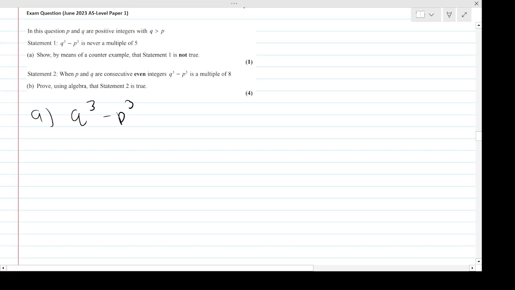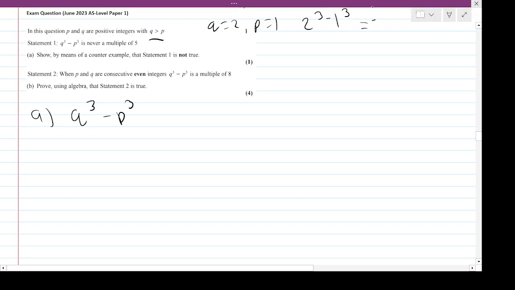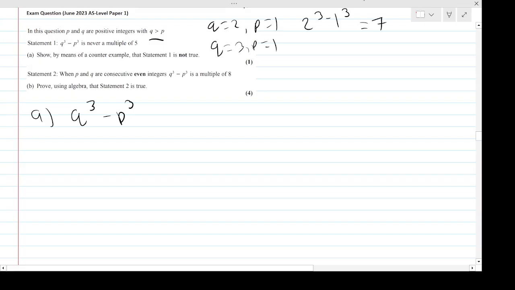Well, you could perhaps take, say, Q is, well, let's try it. Q is 2, P is 1. Then Q cubed, that'd be 2 cubed, take away 1 cubed. Put that in the calculator, that turns out to be 7. So that's not a multiple of 5. Maybe Q is 3, P is 1.